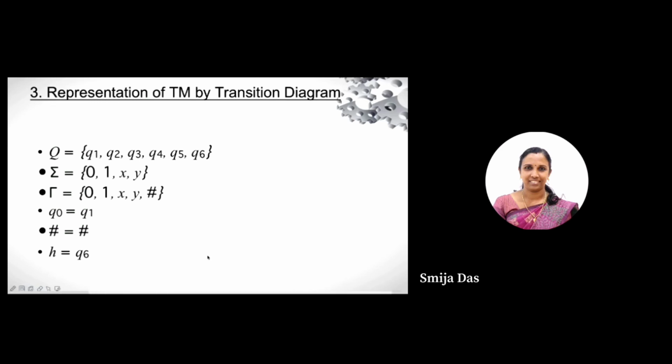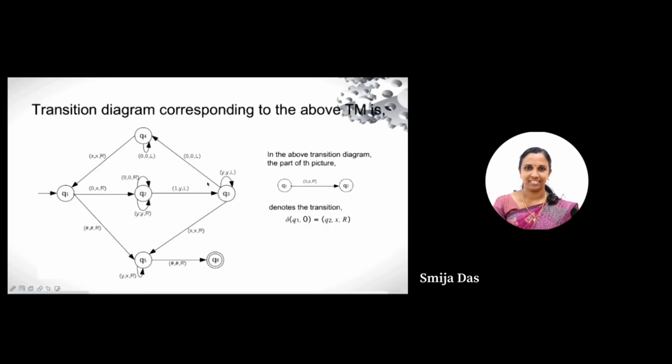The third method is by using a transition diagram. Here also we can take the same example. So the corresponding transition diagram looks like this. Here also we can take a small example, that is a part from Q1 to Q2.